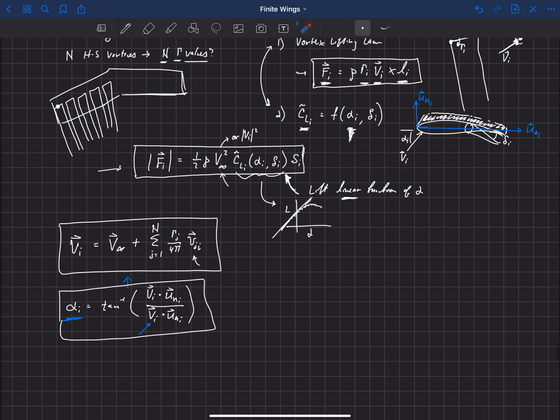I'm just going to rearrange this slightly. What we get is the magnitude of f, and instead of this term here, I'm going to plug in what we have up here for this equation.